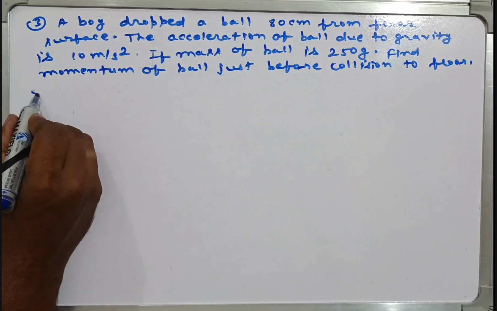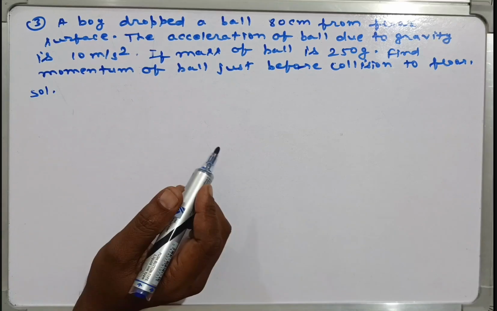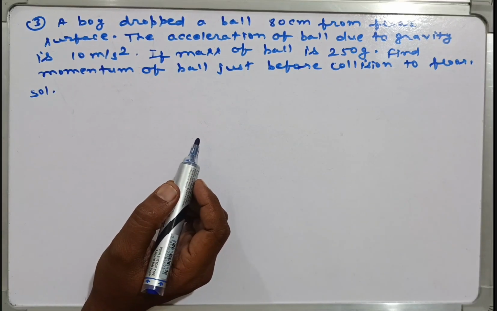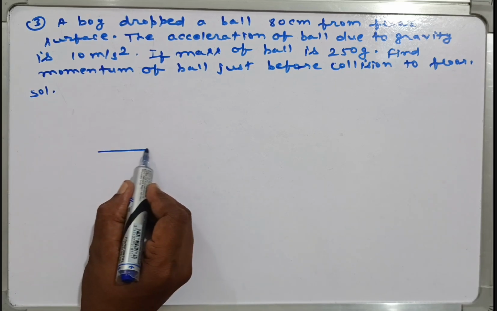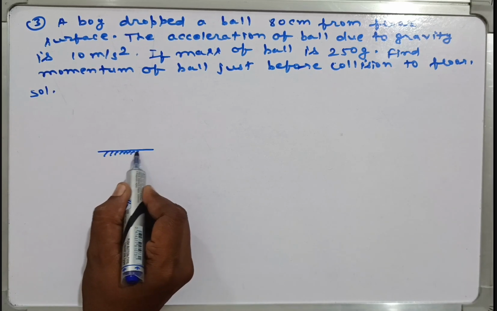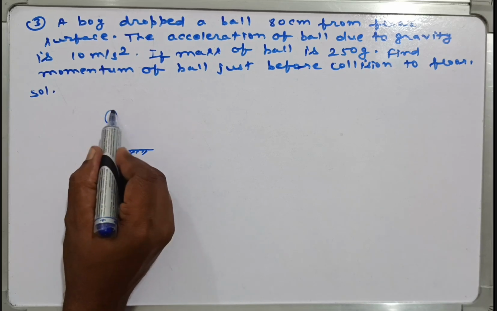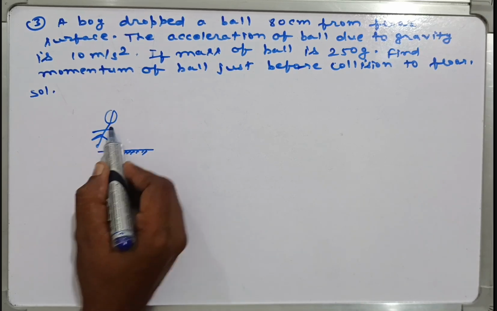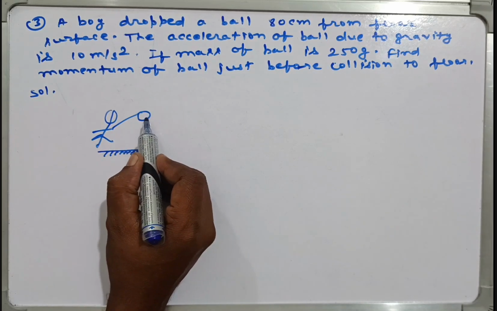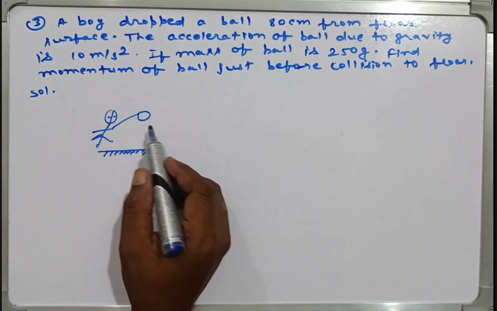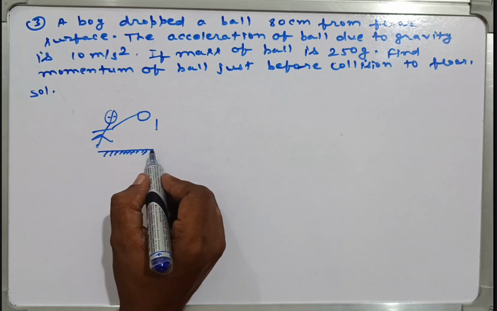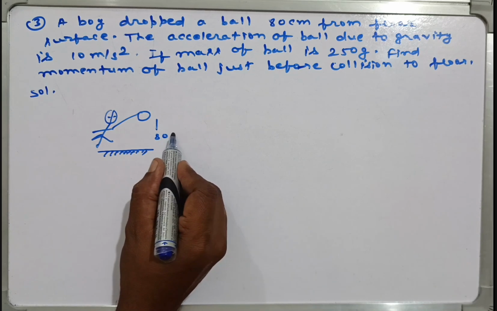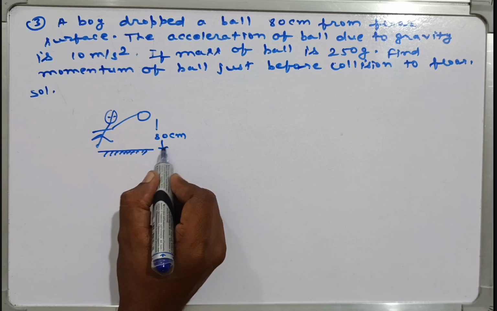Okay, so solution, guys. Here, what information is given? Suppose this is the floor surface, this is y, and suppose this is the ball. The distance from here to here is 80 centimeter.